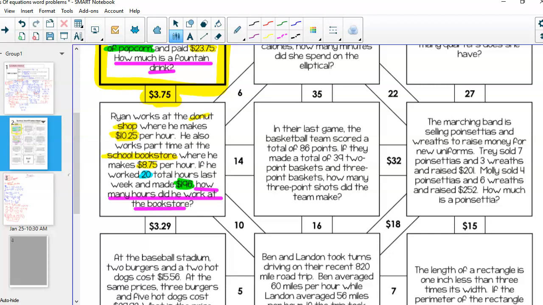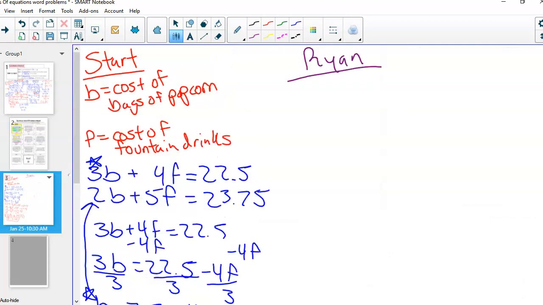Remember, we can always use X and Y, but if you want to be specific, you can say D and S or whatever. So X is the number of hours at the donut shop, and Y will be the number of hours worked at the bookstore.